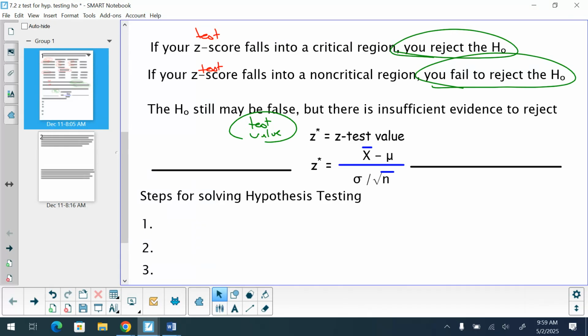If you remember back to our central limit theorem, it was the mean minus the population mean divided by the standard deviation divided by square root of n. That was our central limit theorem. This is the exact same way we deal with our test value.